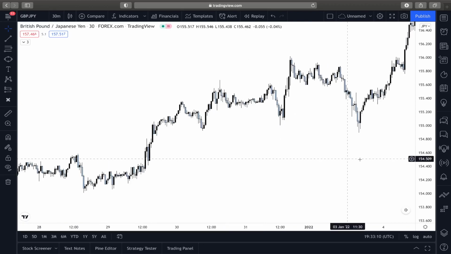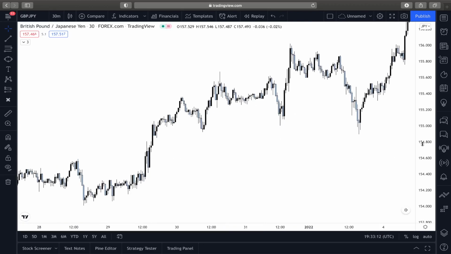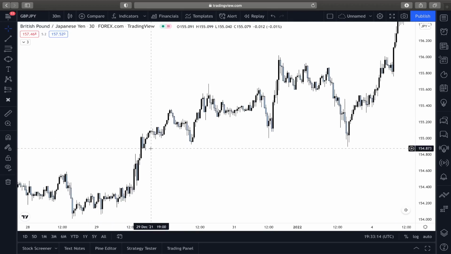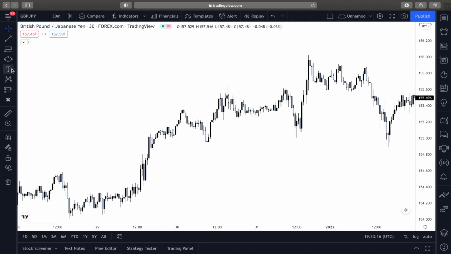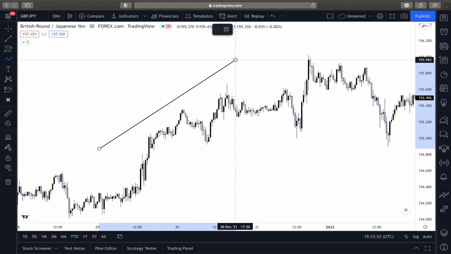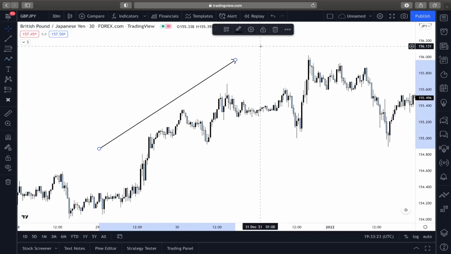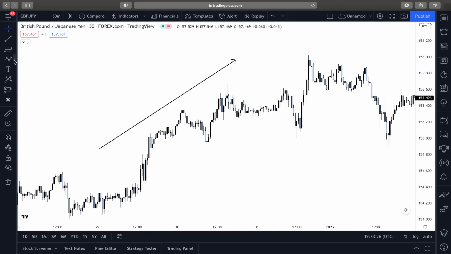Something like this. I see 2 areas. Okay, so when it's demand, you look for the market to be trending upwards, and you want to look for the last down candle before the push to the upside, right?